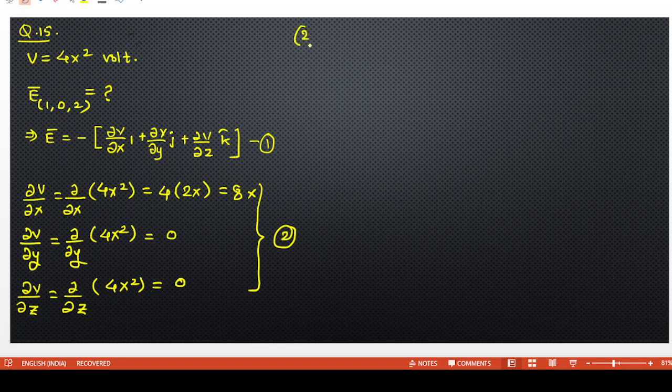You can use equation 2 in equation 1 and you can get the electric field. E bar is equal to minus in the bracket dou V by dou x is 8x into i, dou V by dou y is 0 into j, dou V by dou z is 0 into k. So the answer for the electric field is minus 8x into i cap.